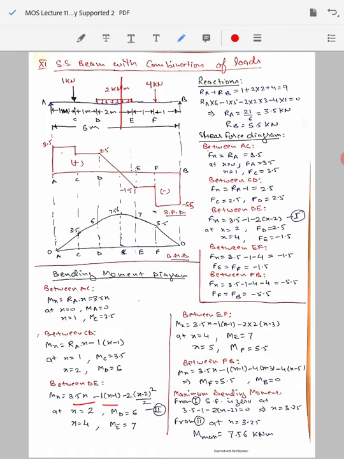Now the span that we have already talked about is x minus 2 when we were discussing our shear force equation. So there is a 2 into x minus 2, that is the force value, and we can assume it to be acting exactly at the middle of that particular portion. So that is x minus 2 divided by 2. So that becomes x minus 2 whole square by 2 here, right?